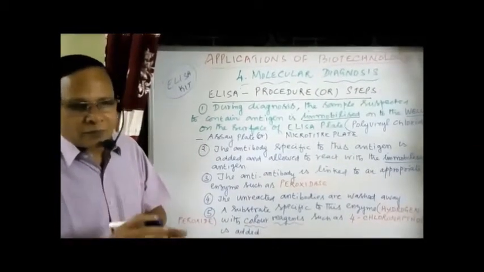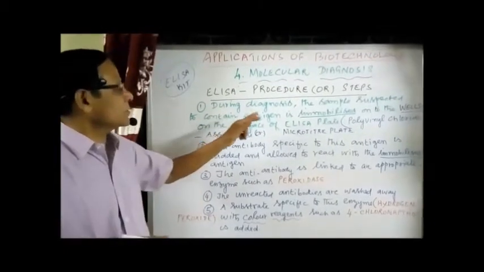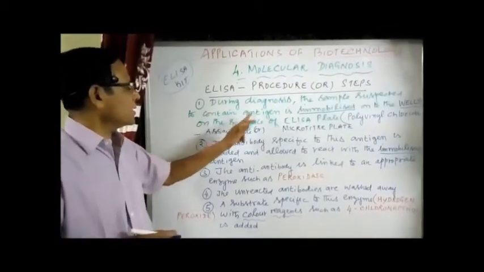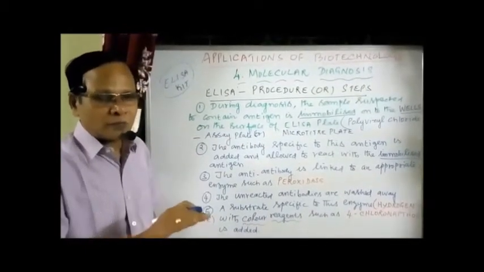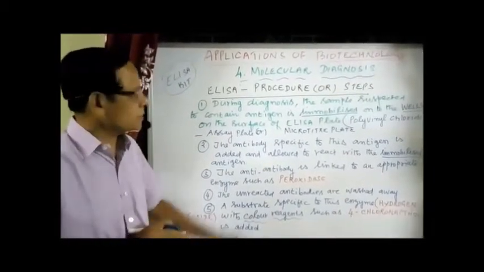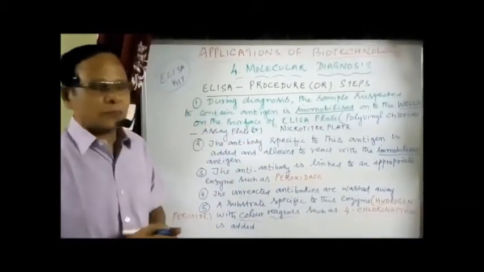After adding, the buffer has to be removed and the plate is washed. That is called immobilization onto the wells on the surface of the ELISA plate.